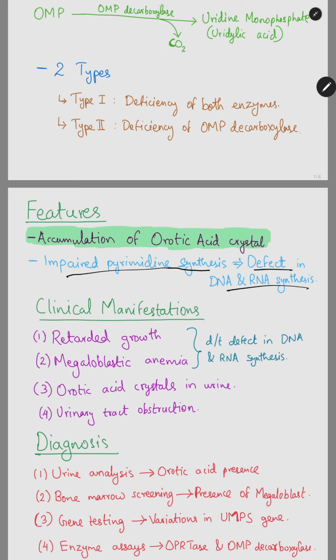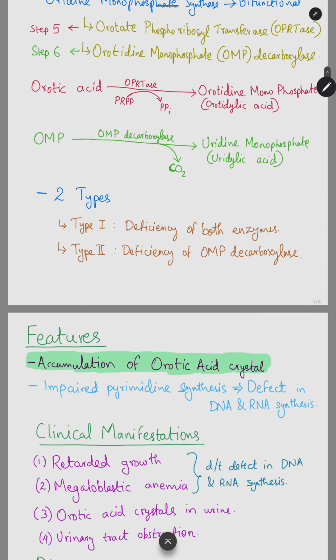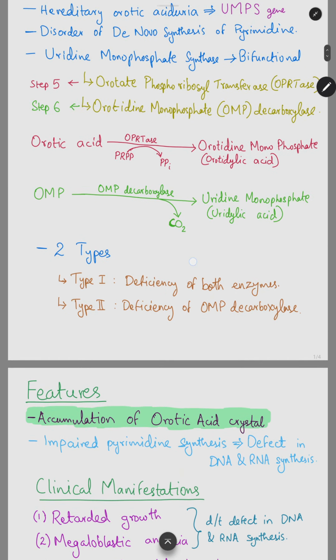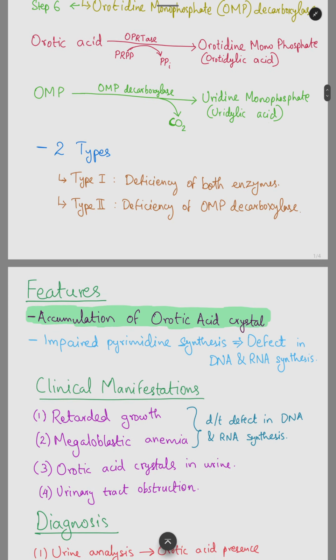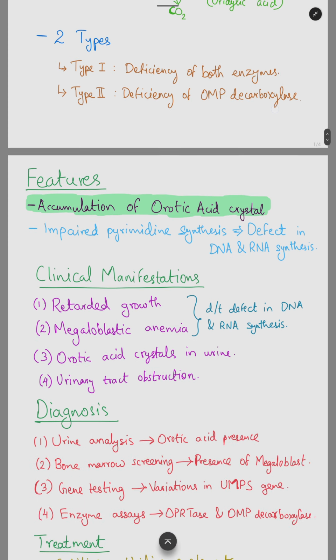So a defect in DNA and RNA synthesis is seen in orotic aciduria due to the impaired pyrimidine synthesis. As we already told, the OPRTase and OMP decase enzymes, the enzymes of the fifth and sixth steps respectively, are deficient. So these steps will not take place, and that obstructs the de novo synthesis of pyrimidine.